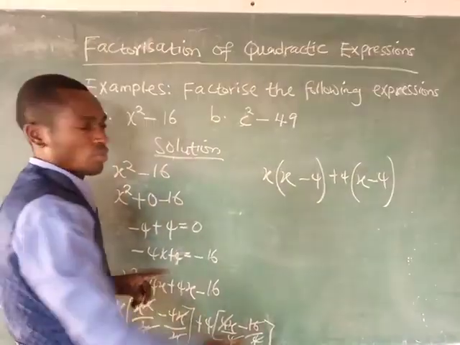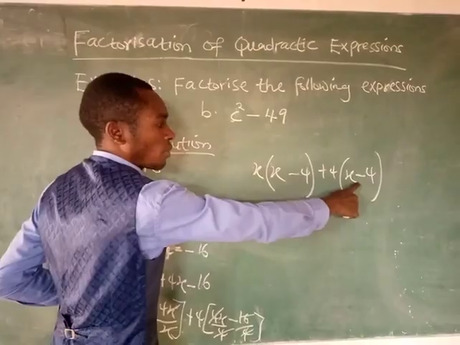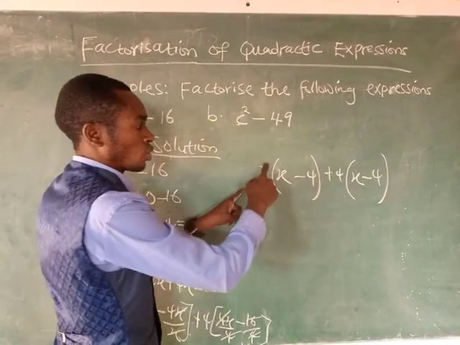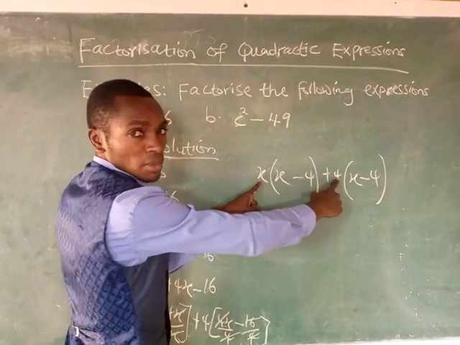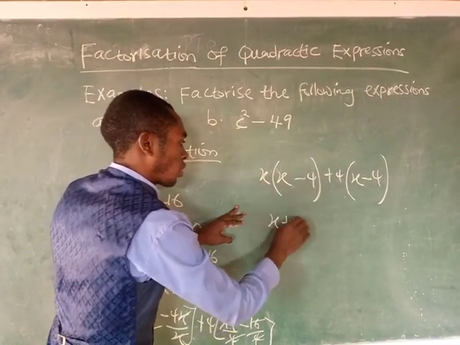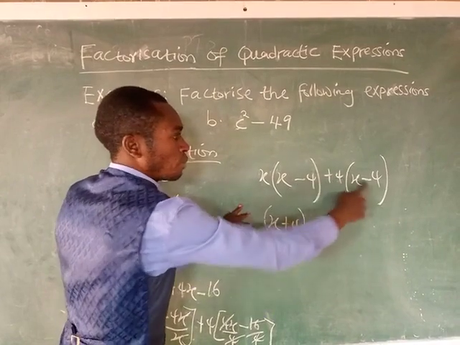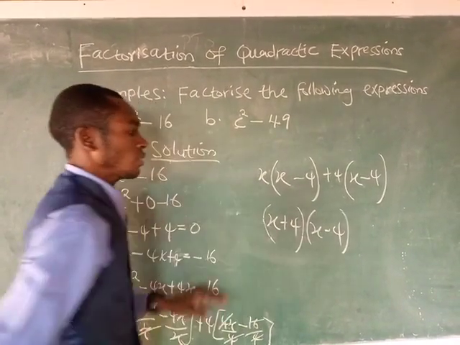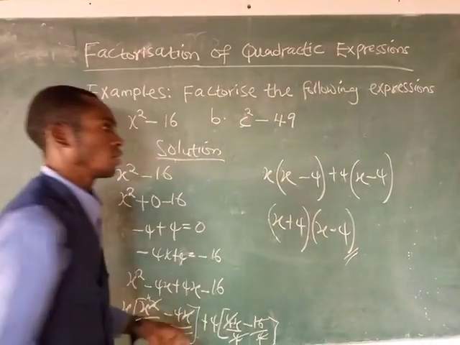If you discover the first bracket is equal to the second bracket, that is to say that we are correct. The next thing to do is to write these factors as a binomial, meaning x plus 4 close bracket, and pick one of these brackets, x minus 4. This is our answer to the first question.